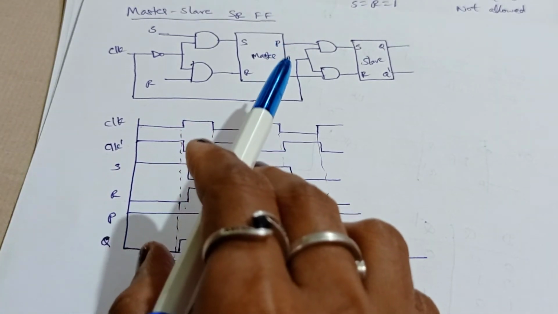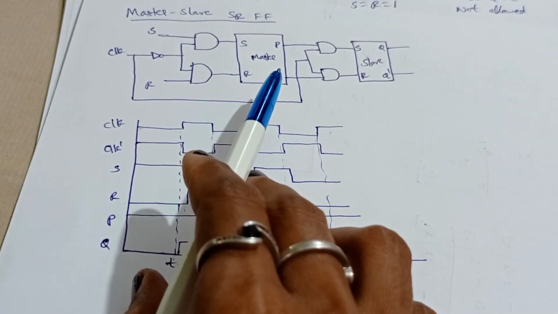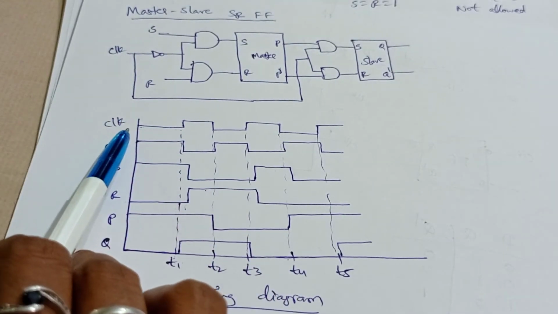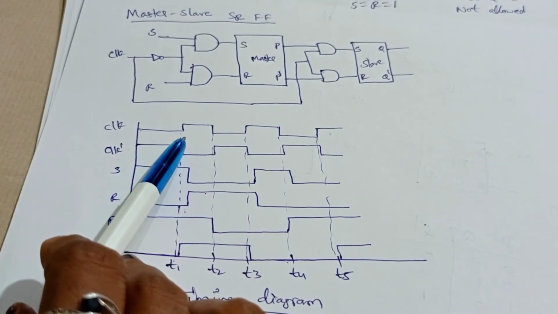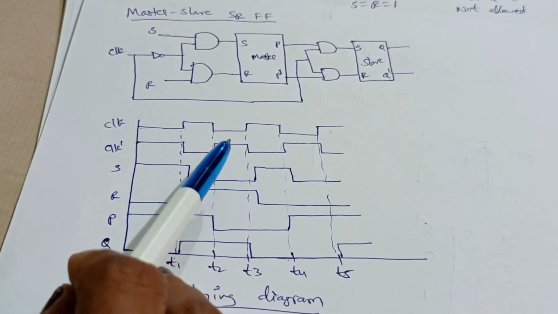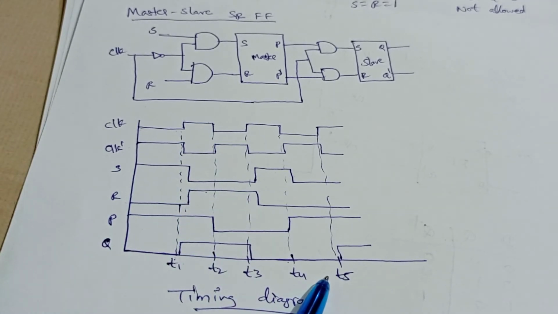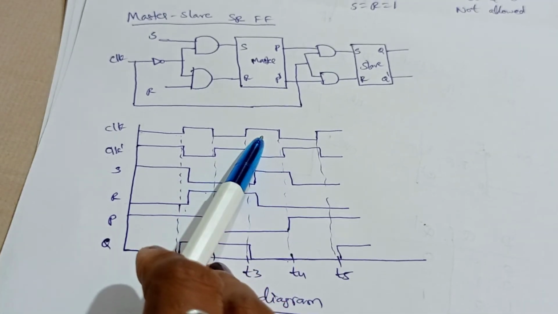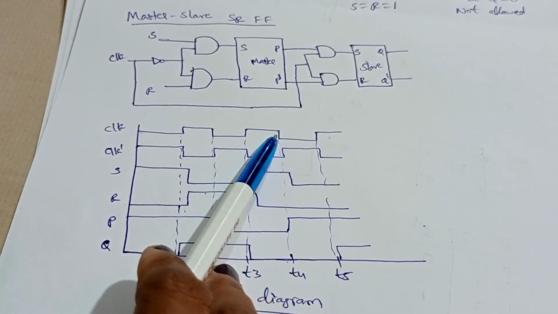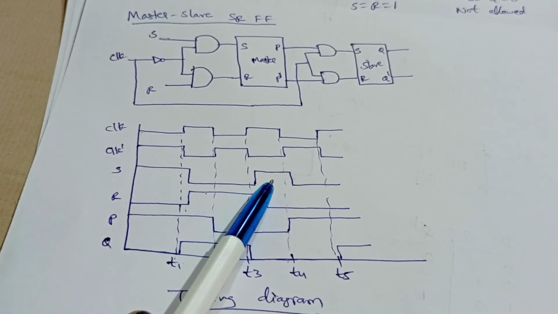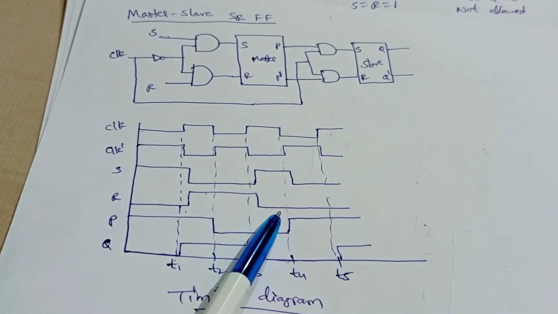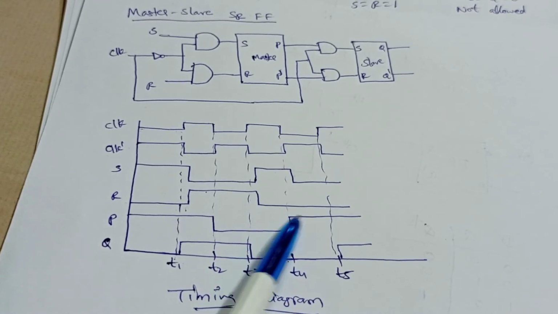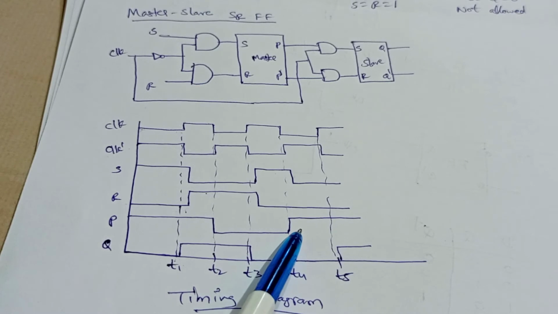For the master slave flip-flop, if the inputs change while the clock is low, the flip-flop output may be incorrect. For example, consider at time t4, S is equal to 1 and R is equal to 0. P changes to 1. Then S changes to 0 at t5.